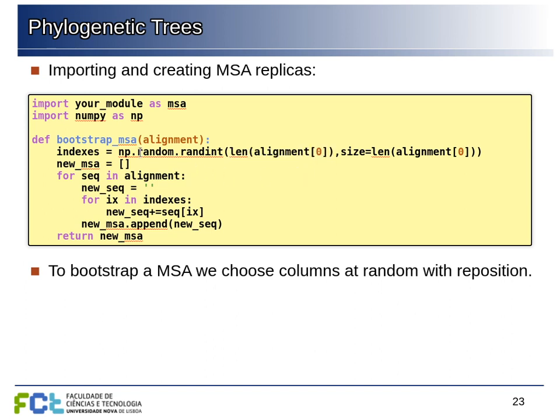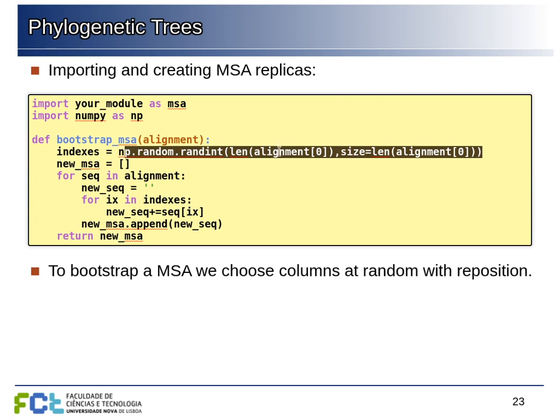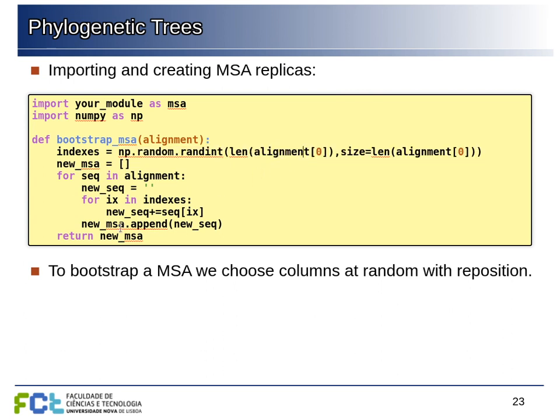And now we ask for random integers from 0 to this value, and as many as the number of columns we have in the multiple sequence alignment. So this is basically the same recipe we've been seeing so far. Now we're going to create a new multiple sequence alignment, starting with an empty list.